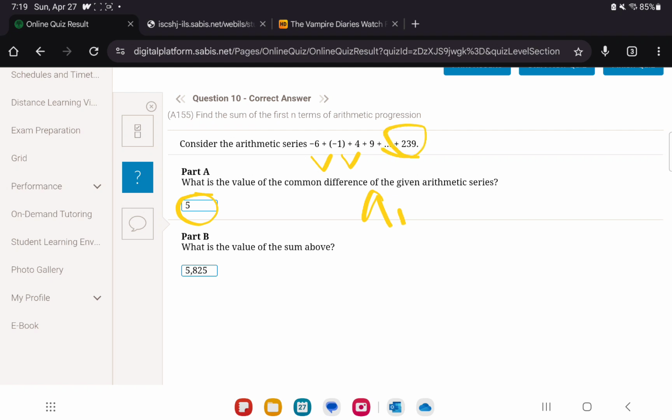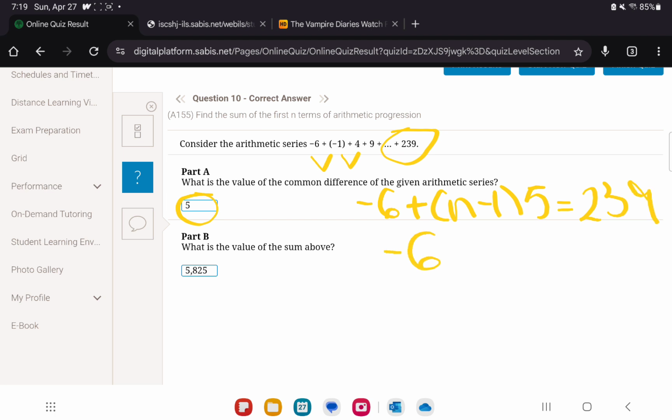Okay, so a1, which is minus 6, plus we don't know n, so n minus 1, and d is 5, and this all equals 239. So minus 6 plus 5n minus 5 equals 239. n is equal to 50.